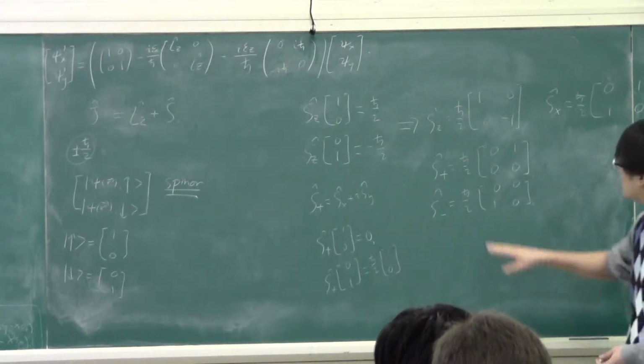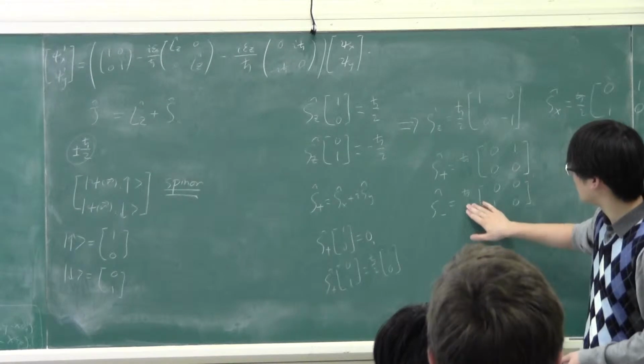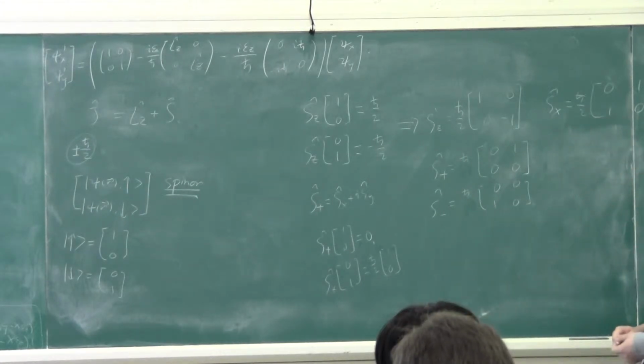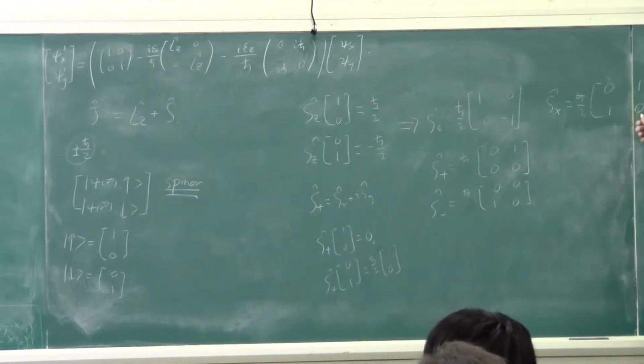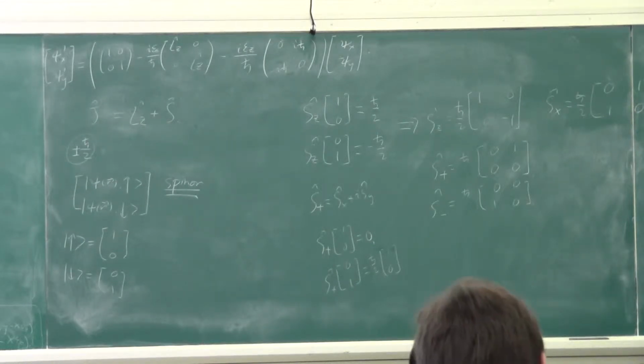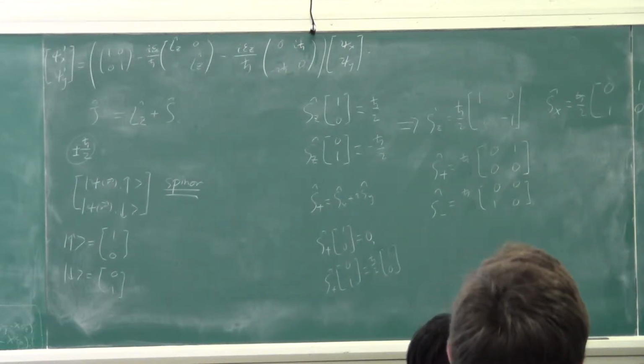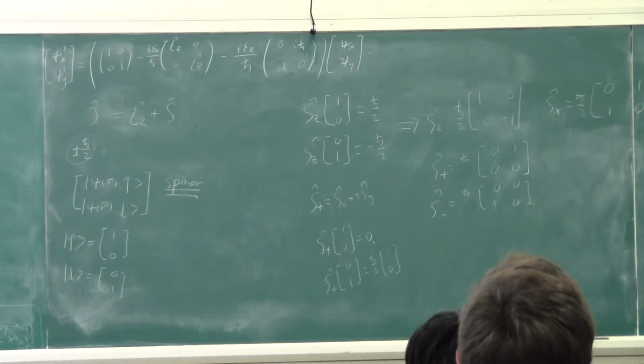Sorry, there must not be 2 here. Okay, this goes to here, no problem. And then you can also get the Sy, and this is h bar over 2, 0 minus i, i, 0.